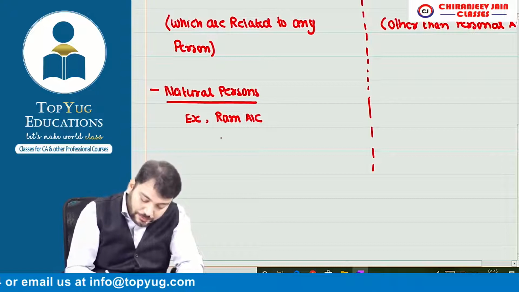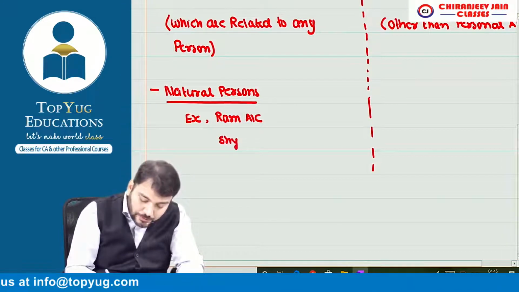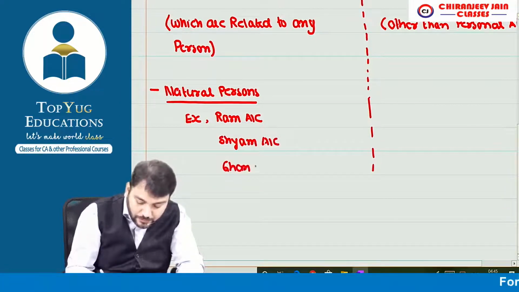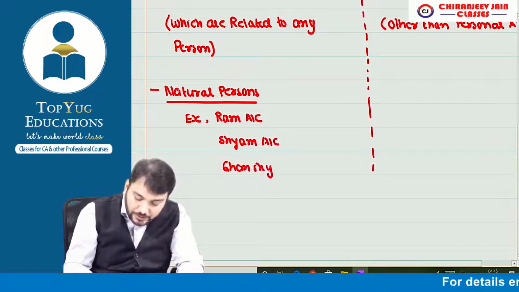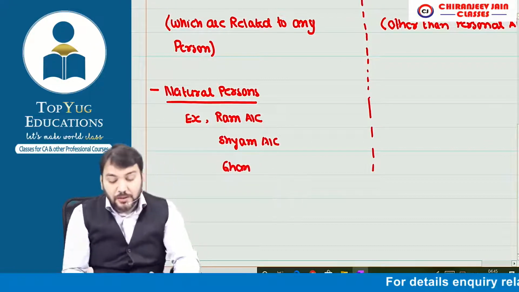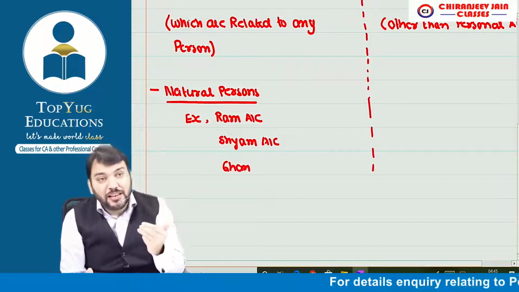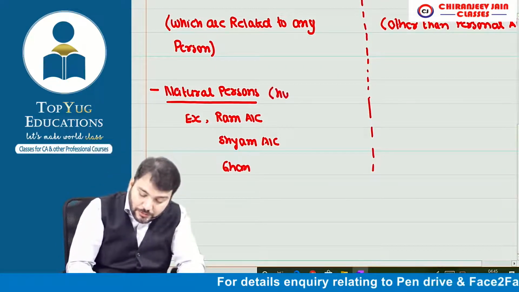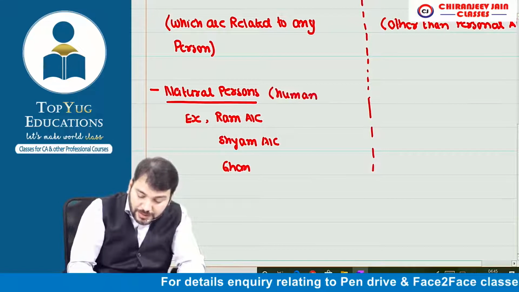Ram account, Shyam account, Ghanshyam account. Correct? So these are related to natural persons, which means those related to any human being. Correct? So I can write down human being.